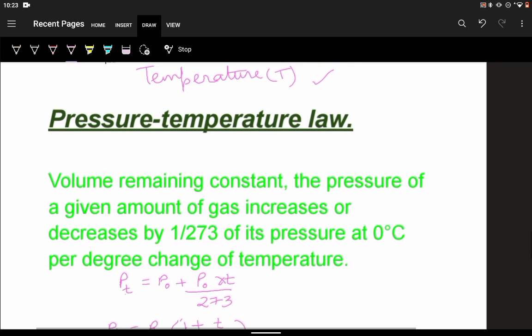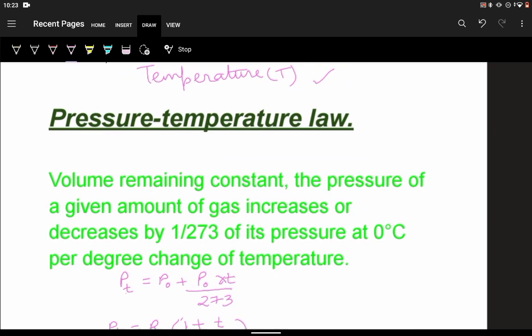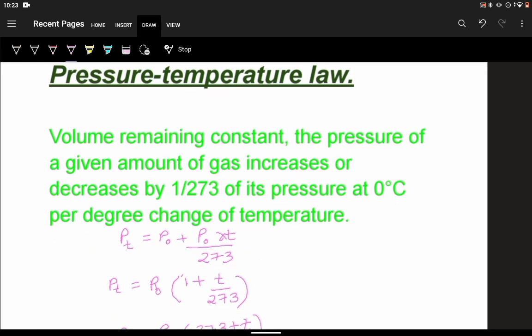Next we go to one more law, that is the pressure temperature law. This law states that for volume remaining constant, the pressure of a given amount of gas increases or decreases by 1 by 273 of its pressure at 0 degree C per degree change of temperature.